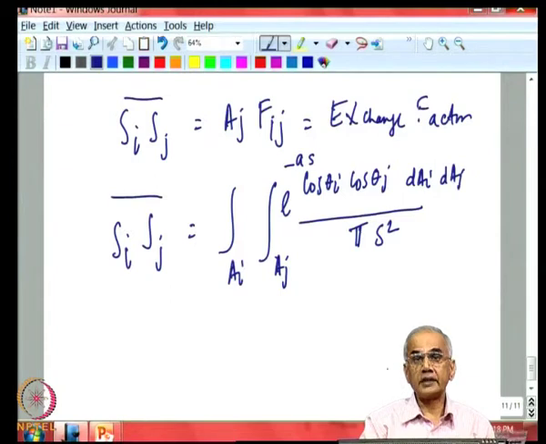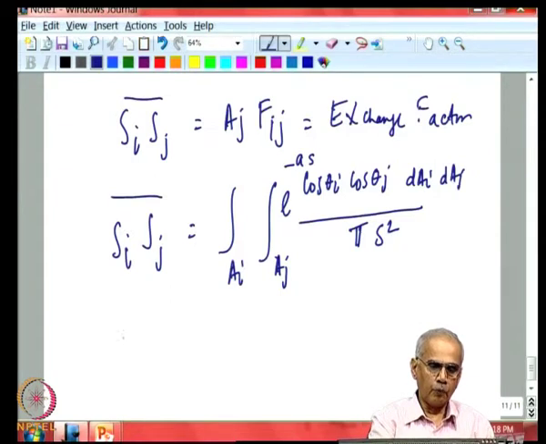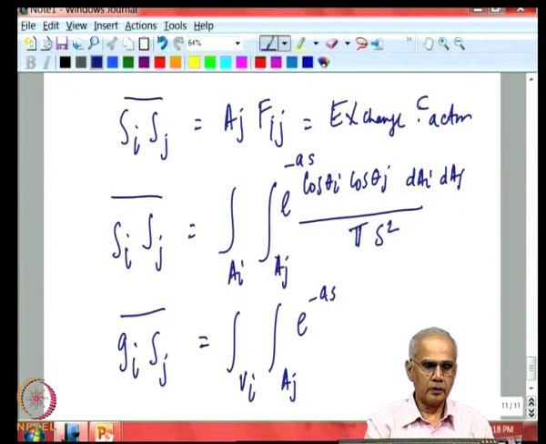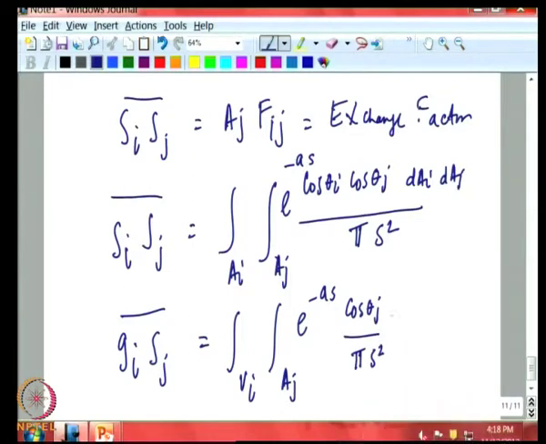Now, let us see how we extend this idea for a volume of the gas to a surface element. Now, here since you have to integrate over the volume of the gas, and of course, you have to integrate over the area of the element, and this part is common for the element j, cos theta j is there and pi s squared is there, that is common. But what you will do is that you have dAj, and for the gas we have K times volume element.